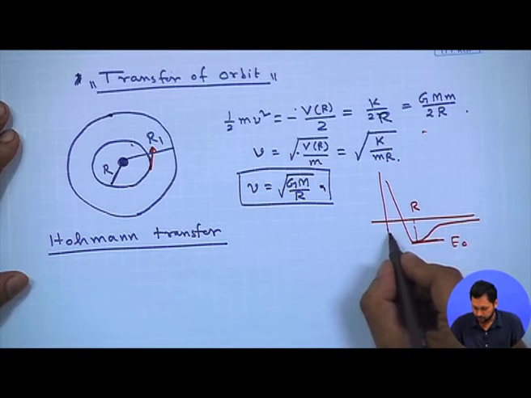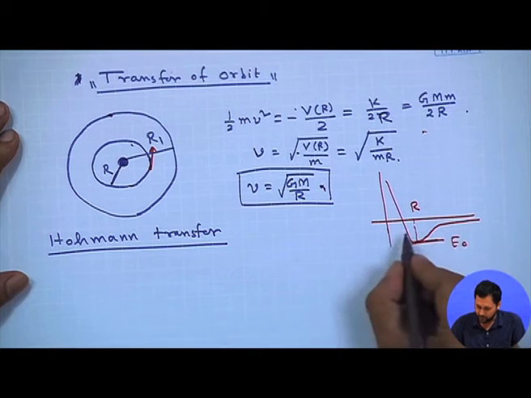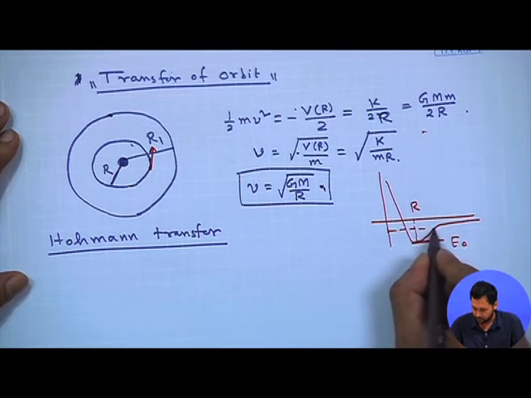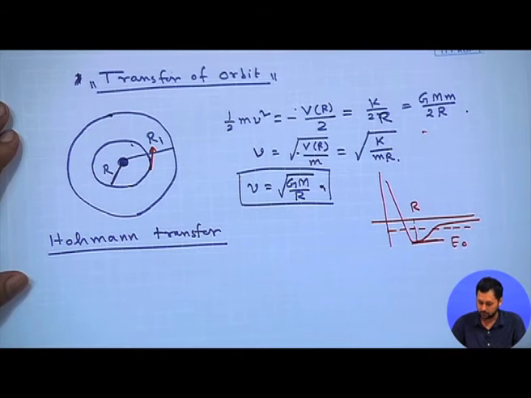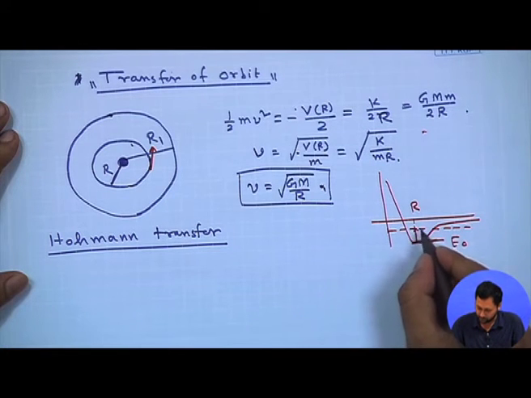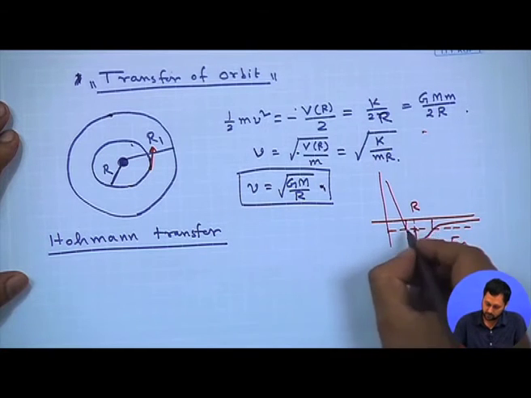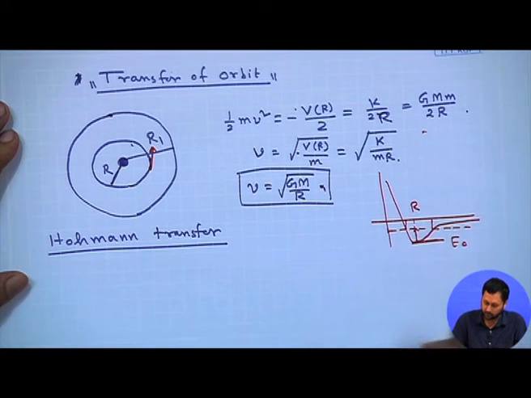Now, if we put some additional energy into the system, then what happens? We can move it slightly higher. So, it will be an elliptical orbit with two radii r0 and r1.